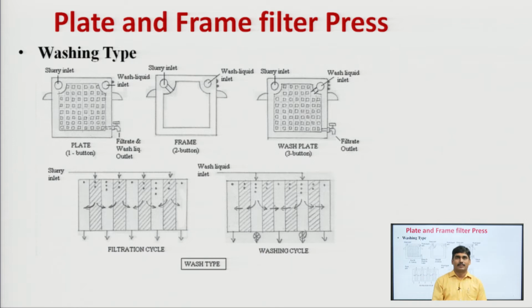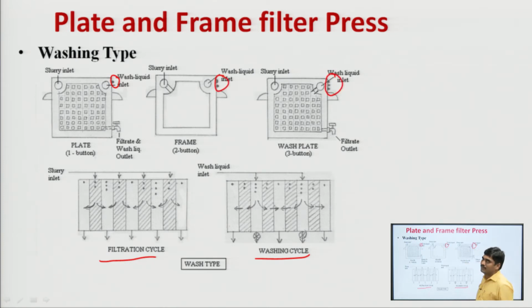Washing type. The second type of plate and frame filter press is the washing type. In the washing type, there are two cycles: one is the filtration cycle and the other is the washing cycle. In this case, the first, one button, is a plate, two buttons is a frame, and another plate is used, called the three-button plate. In the first plate, you see that the holes are not connected to the inner side of the plate.